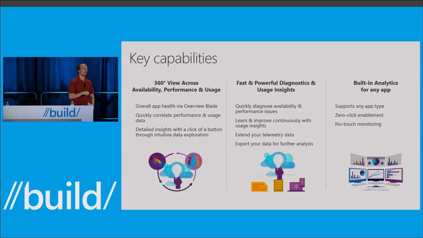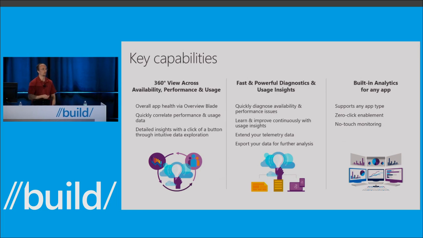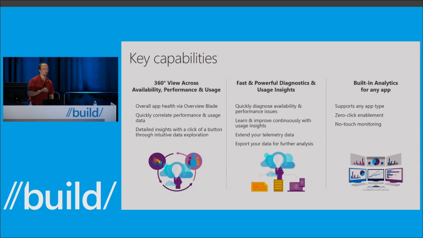We have a Java Eclipse plugin that allows you to do pretty much the same thing for your Java applications. We have a companion application for Xcode, for Android Studio, and so forth. So you would be able to fall into Application Insights from any IDE, any platform that you have.